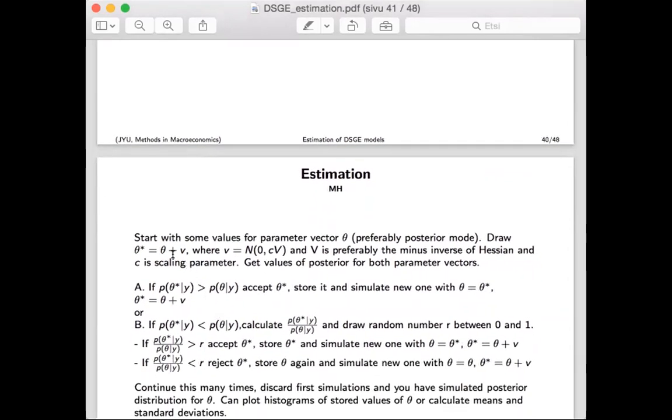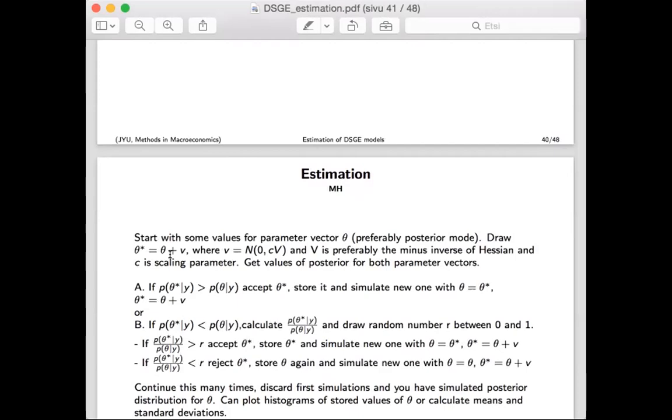Okay, for both parameter vectors, we can get values of the posterior after evaluating priors and then the log likelihood function.